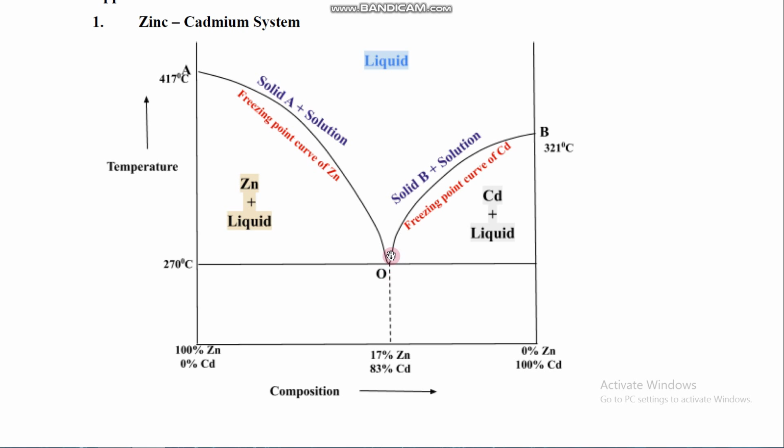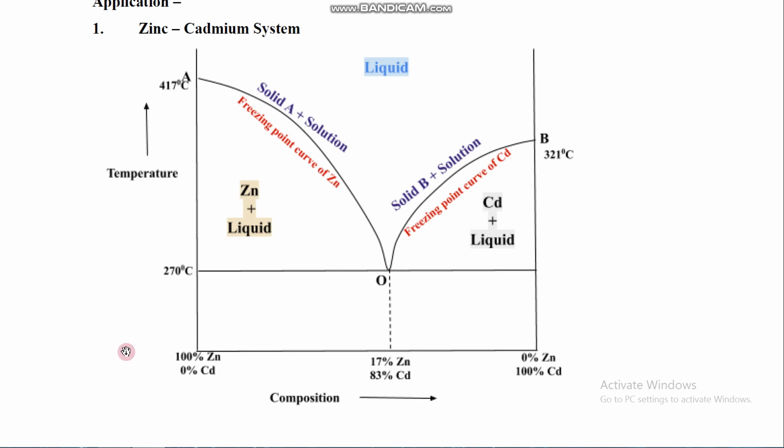So this system is invariant. At this point temperature, pressure, and composition are fixed, and it melts at the lowest temperature. This point is known as the eutectic point, and the mixture is known as the eutectic mixture. So this is the zinc cadmium system, very important.